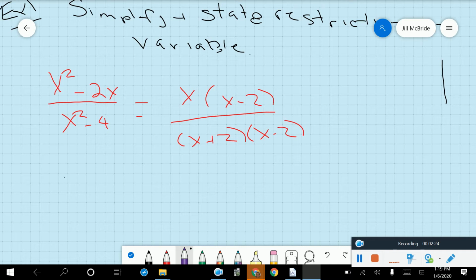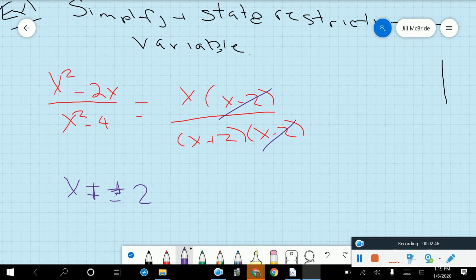So I know that x cannot equal positive or negative 2. Okay? Each one of those will make my denominator 0. Now I'm going to simplify, so I can cancel out the x minus 2's.